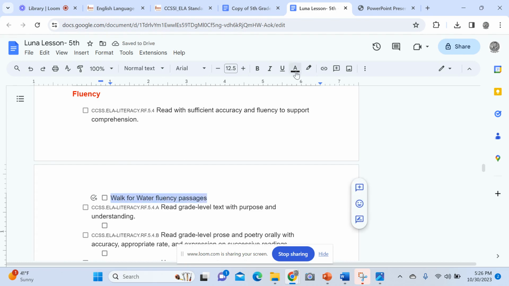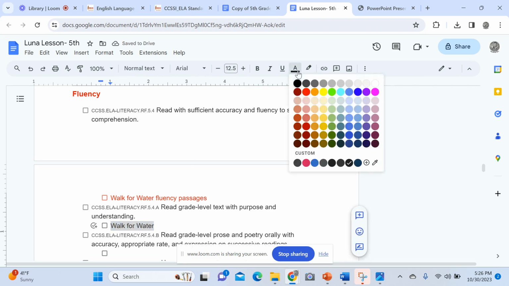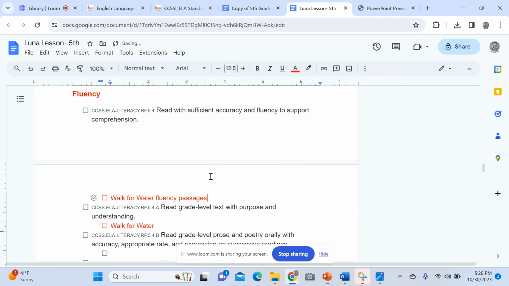I'll come back to it after I teach the unit and see who might need support. I might also have grade level with purpose and understanding. It would fit there as well, because I have some comprehension questions that go with this. So, A Walk for Water. I'm going to highlight that so that I'm keeping track and can see it really quickly.